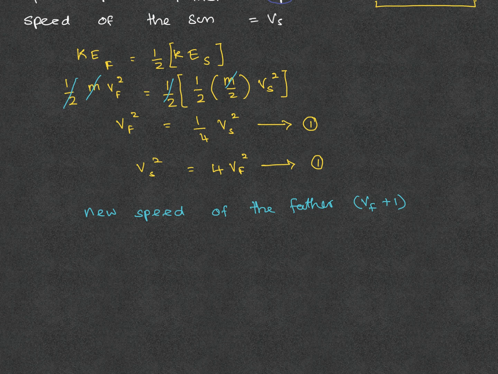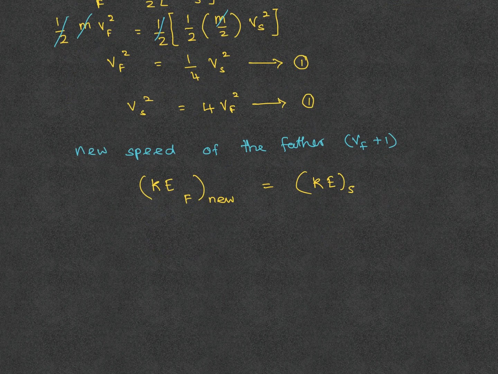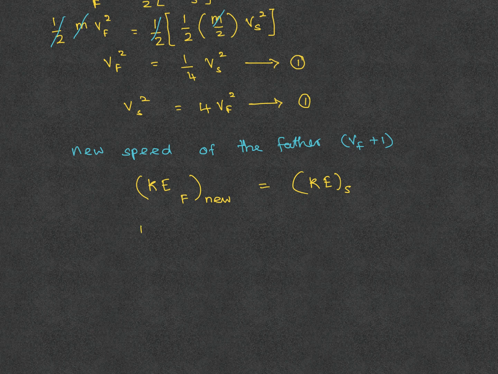Now let's write down the equations again. When the speed is increased, the new kinetic energy of the father, you can call it kinetic energy of the father new, and that is equal to the kinetic energy of the son. Now the son did not change his speed. So here we go again. 1/2, mass of the father is m, and the new speed of the father raised to the power 2.